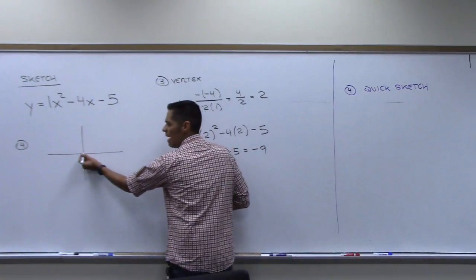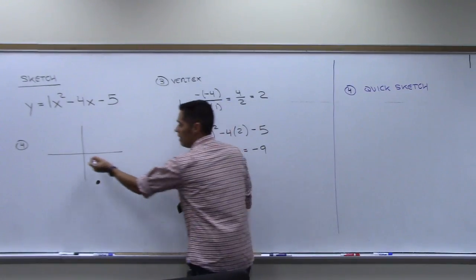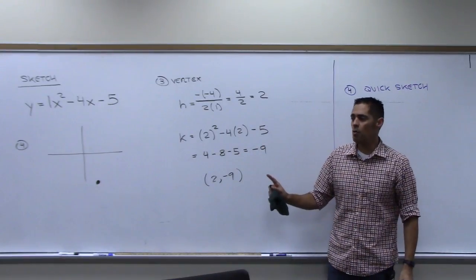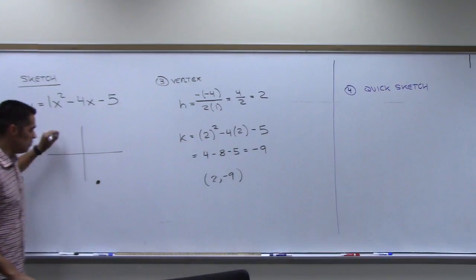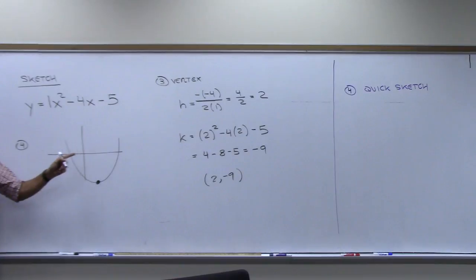That means I go to the right 2 and down 9. Look, I'm not even being accurate with that. Which way does this parabola open, up or down? Up. So if it opens up from here, it looks like a U, then it's going to have to go something like this, right? How many x-intercepts do I have? I have 2. Do you see that? So this quick sketch is just for the purpose of determining how many x-intercepts I should have.